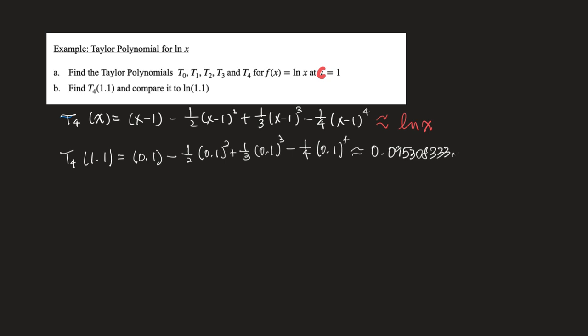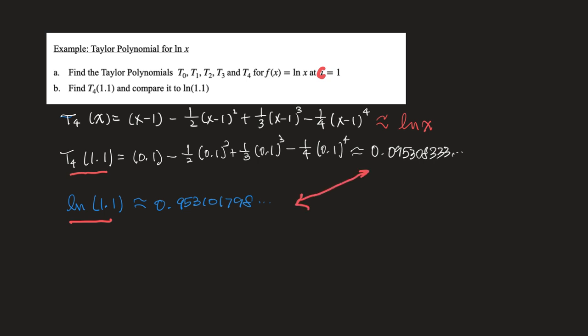This is 0.095308333. That's using the Taylor polynomial. Let's use the function ln 1.1. If you use a calculator, you're going to find this value is 0.0953101798. What do you think about this value? Can you see ln 1.1 and T4 at 1.1, this Taylor polynomial and the ln function are very close, right?